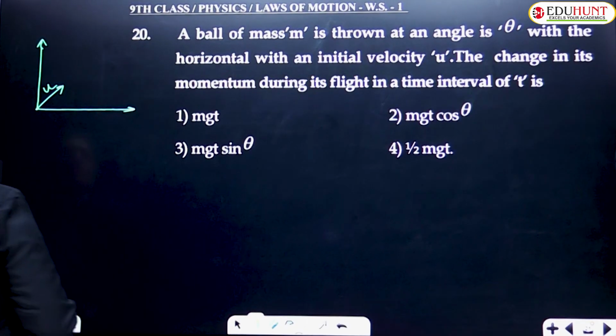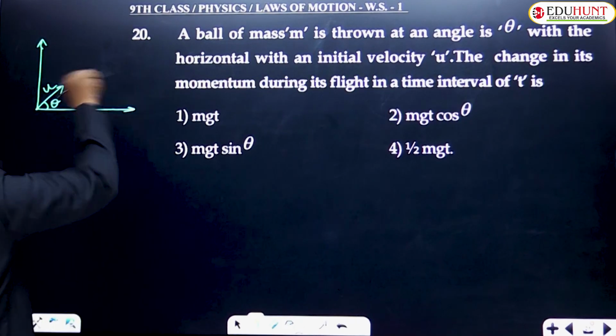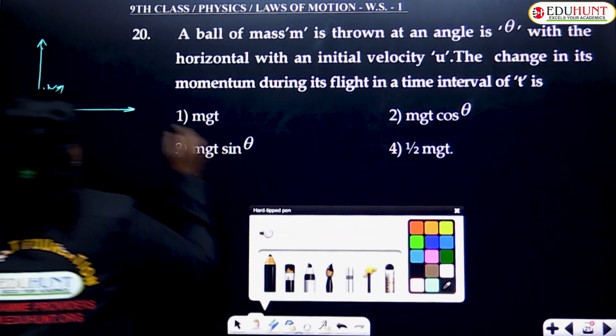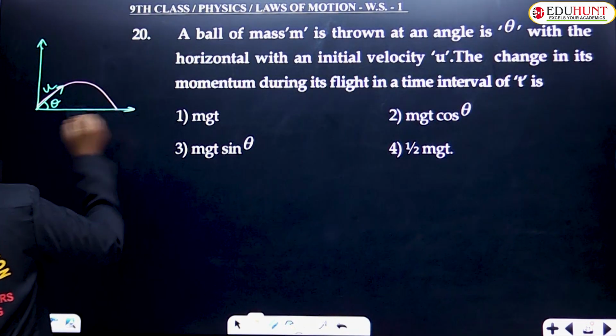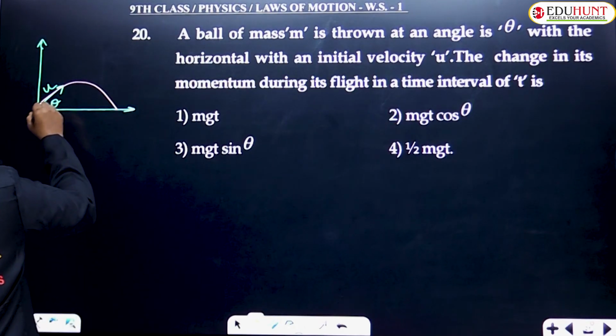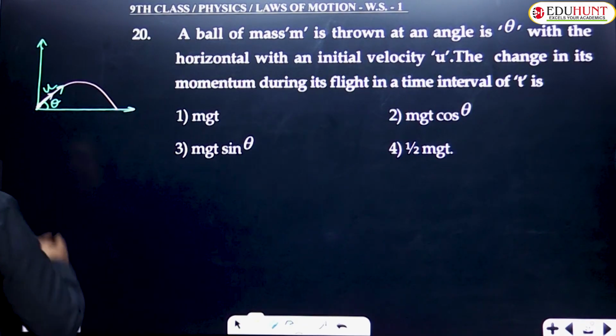A ball of some mass m is there, making an angle theta. It is projected into the air, so it takes a parabolic path, something like this. It goes into the air and comes back to the ground. At the time of projection, it is projected with initial velocity u, making an angle theta.